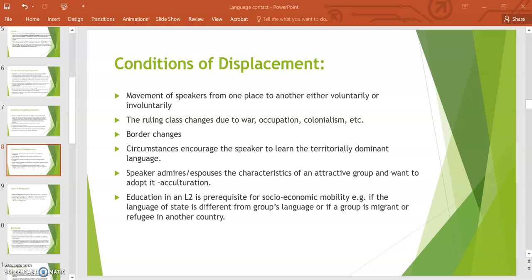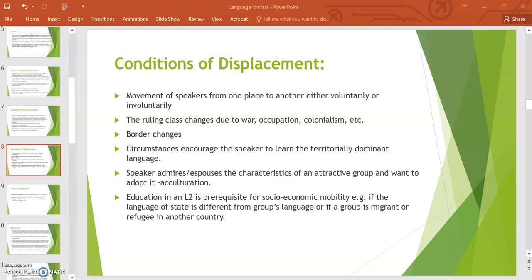And even involuntarily, in case of war or occupation, people have to leave their homes and territories and move to another. So they'll have to learn the language of the new territory that they have come to, in order to live comfortably, in order to get their work done, in order to be acceptable, to get better treatment, and so on.